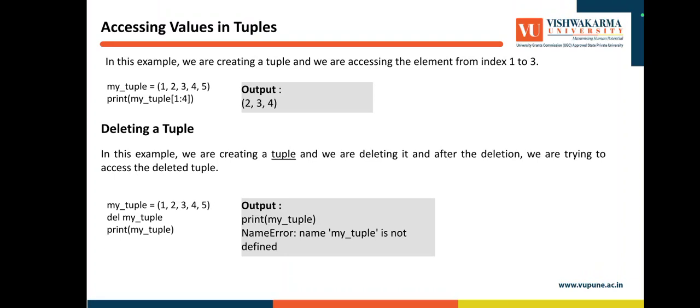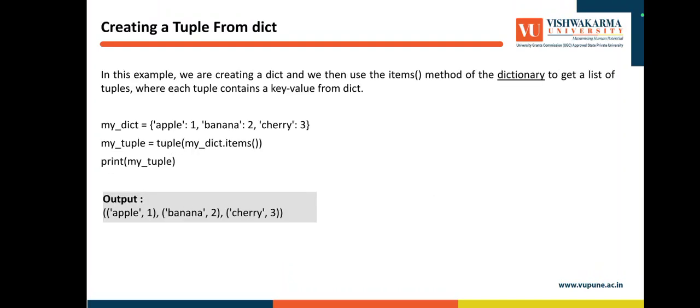So print my tuple, and it will obviously give an error, because after creating my tuple and passing values into it, we have already deleted it, so it will give an error.